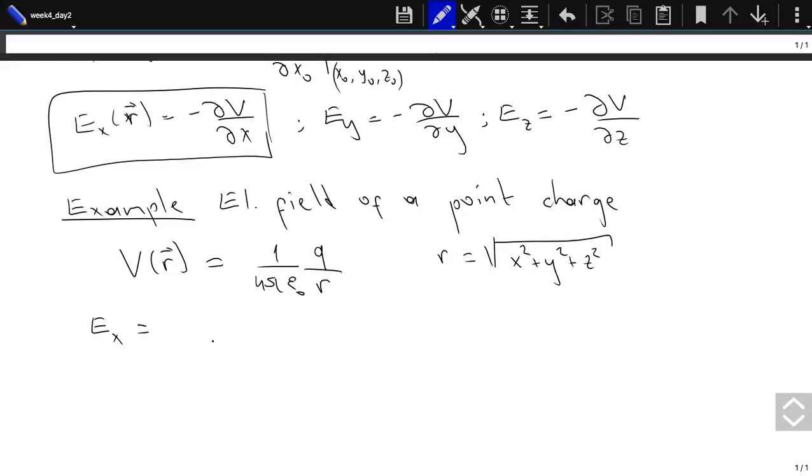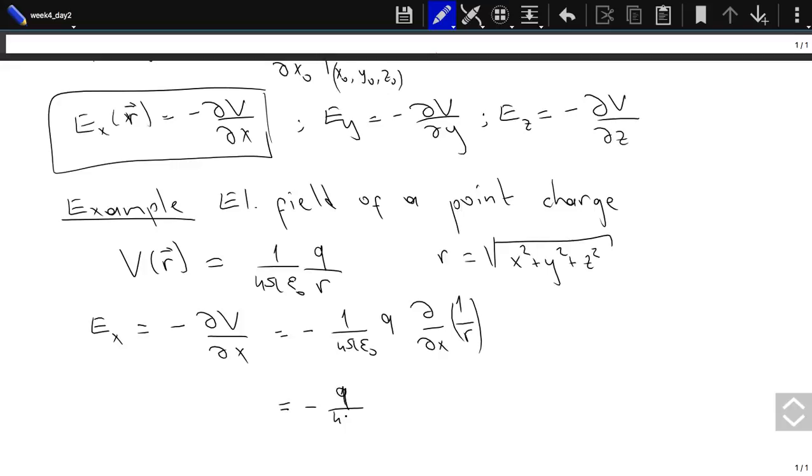Now, Ex will be minus the derivative of this potential with respect to x, which is equal to minus 1 over 4 pi epsilon 0 times q, the derivative of 1 over r with respect to x. Now let's use the chain rule.